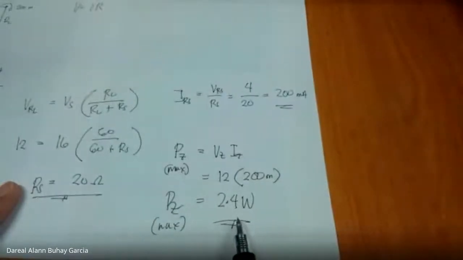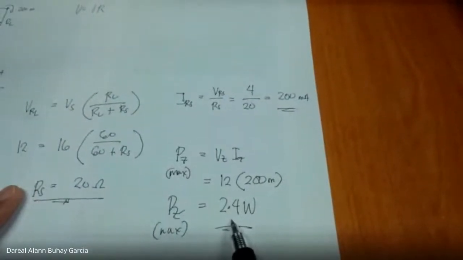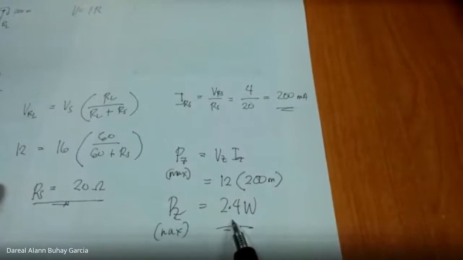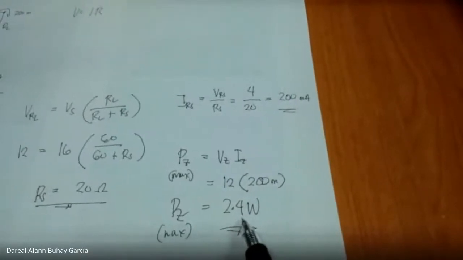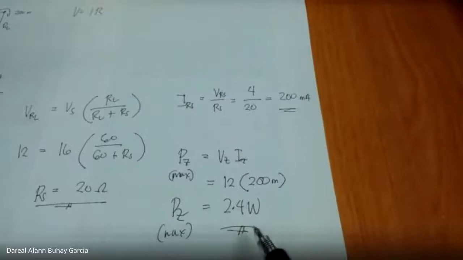So the final answer, PZ max should be 2.4 watts, meaning we look for a zener diode with a power rating more than that.